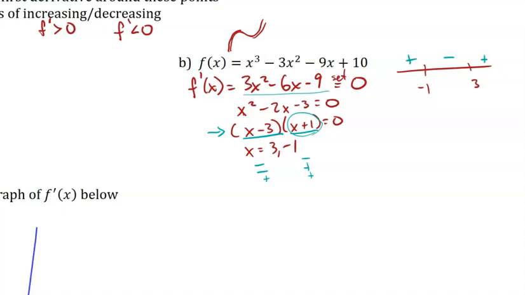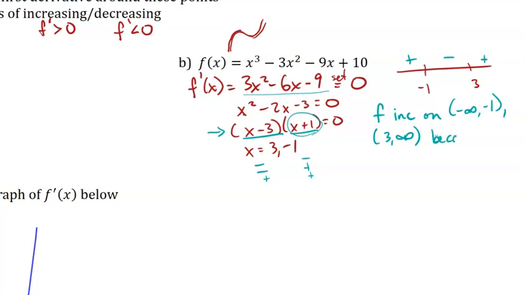So because I have a positive derivative on these two intervals, I'm going to say that f is increasing on negative infinity to -1 and on 3 to infinity. It doesn't tell me to justify in this question, but we might as well get in the habit of doing that.